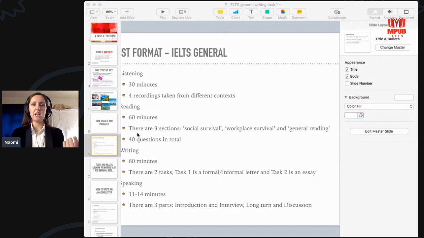Good. What comes after the introduction? Can you remember? Yes, we have the description of the situation. In the description, you are explaining your problem. In this letter, what is my problem?